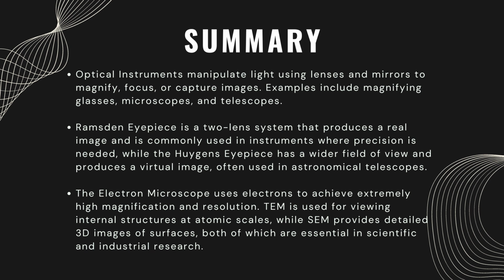The electron microscope uses electrons to achieve extremely high magnification and resolution. TEM is used for viewing internal structures at atomic scales, while SEM provides detailed 3D images of surfaces, both of which are essential in scientific and industrial research.